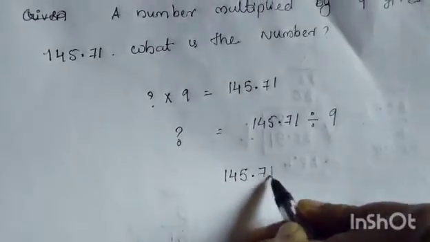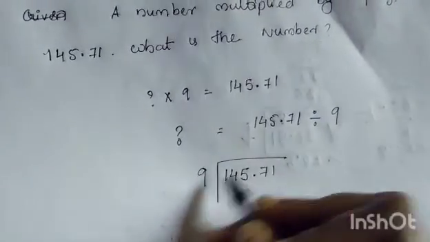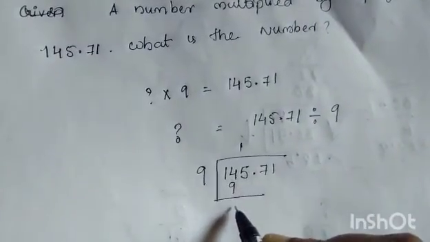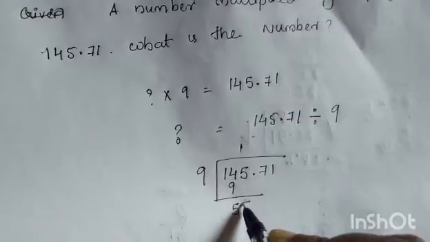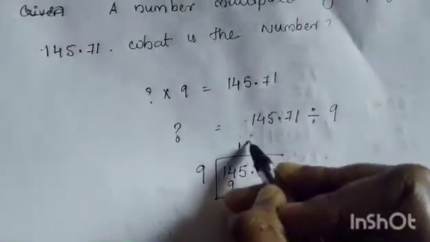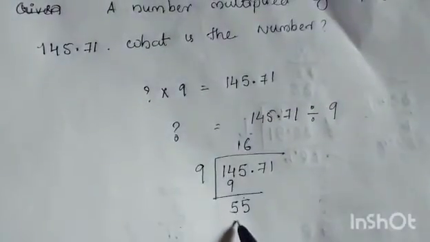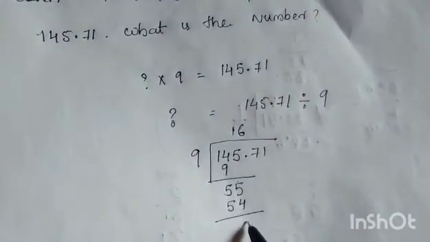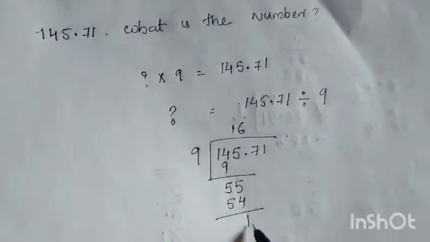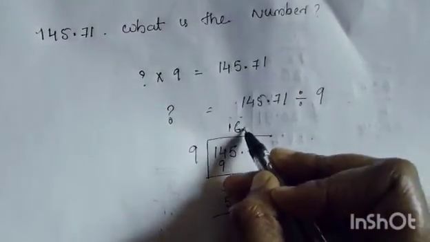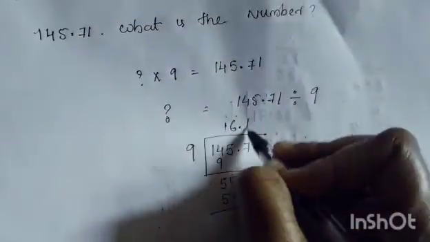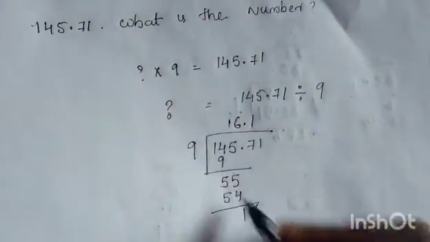When we divide 145.71 by 9, 1 9s are 9. 14 minus 9 is 5. Carry down this 5, 55. 6 9s are 54. 55 minus 54 is 1. Make the point here. Then carry down 7. 17. 1 into 9 is 9.